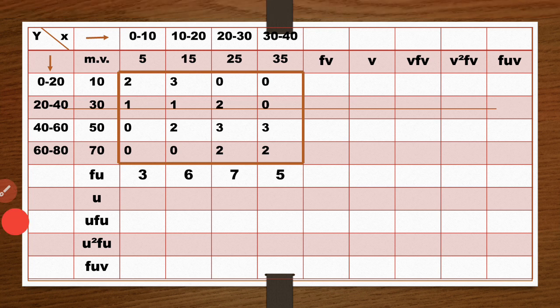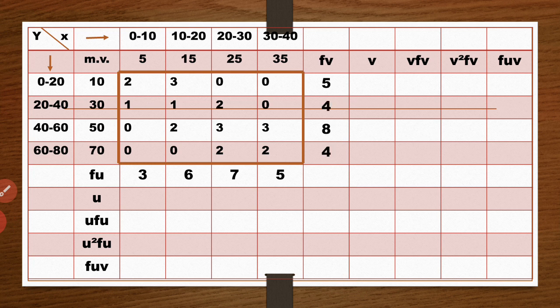After that, first you total. You find fu, meaning frequency of u, the assumption of x. Totaling the columns: 2 plus 1 is 3, then 3 plus 1 plus 2 is 6, then 2 plus 3 plus 2 is 7, then 3 plus 2 is 5.